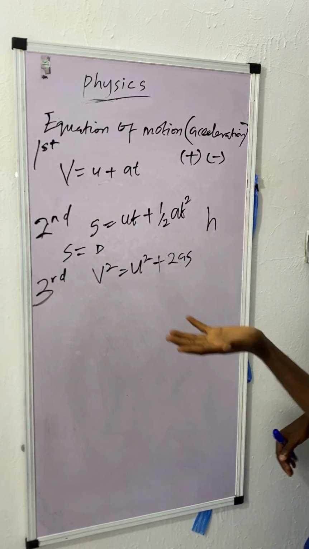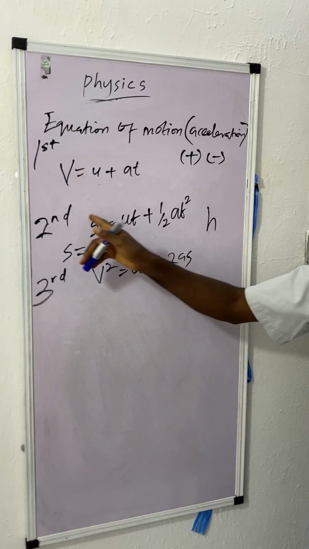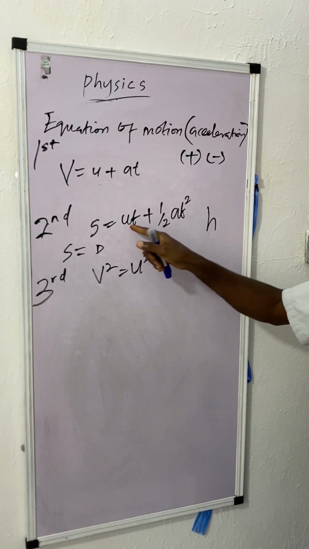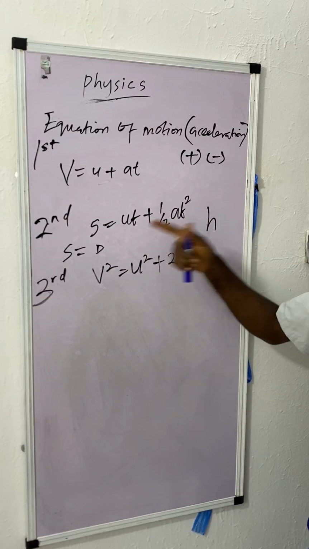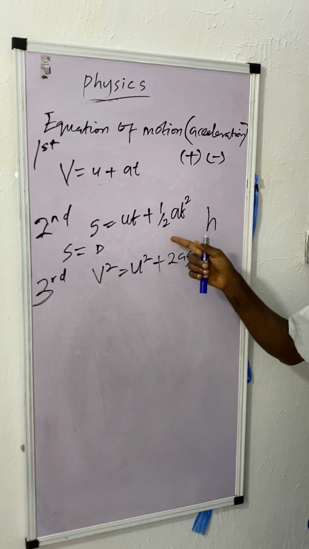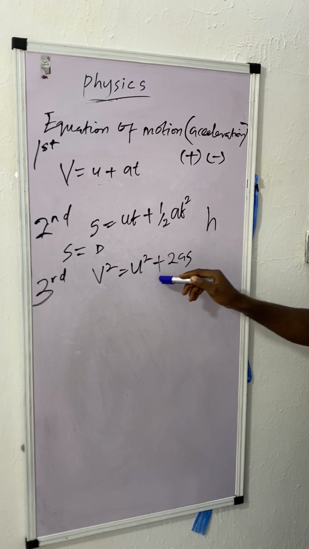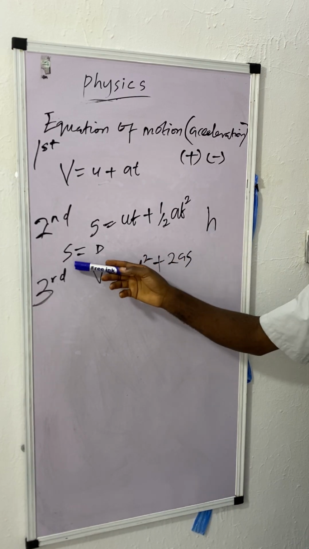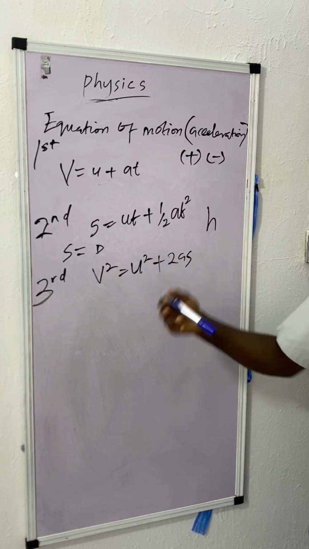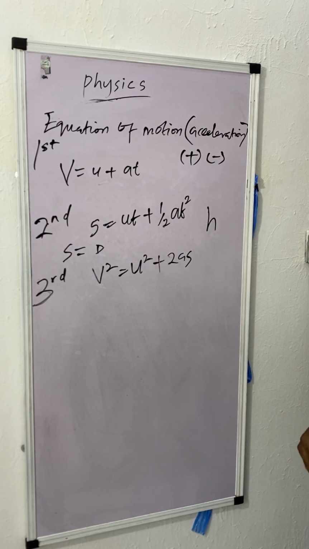This is what you are looking for, height. You just turn this one to height and you solve. That's it. So let's say you were asked to find distance and you were given initial velocity, time, and so on, and you were given acceleration. This should be the best formula to apply. You can't use this one because here you don't have distance as the value.